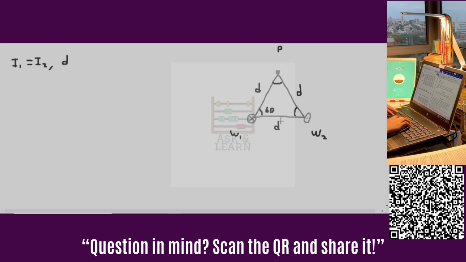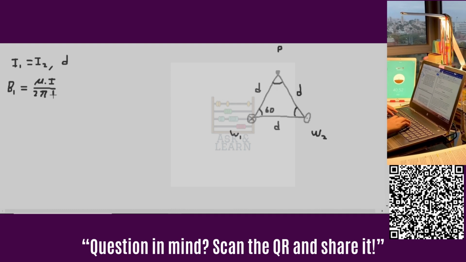So we can find the magnetic field from wire 1 with our equation for the magnetic field. I'm going to call it B1. We know that it's equal to mu naught, the constant, times the current, divided by 2 pi times the radius, which in this case is the distance d.